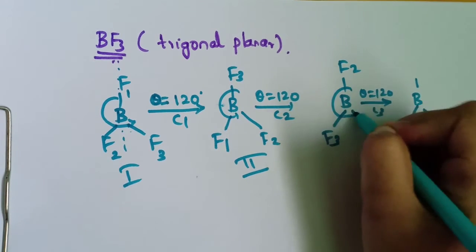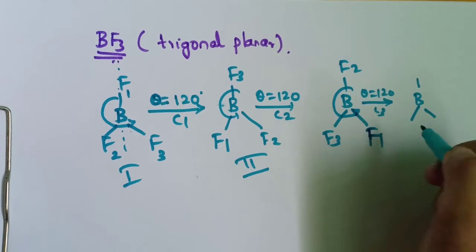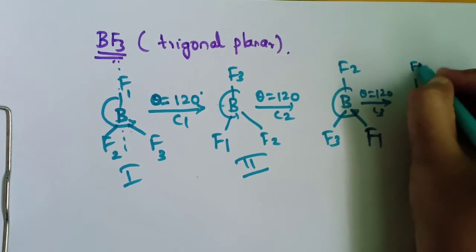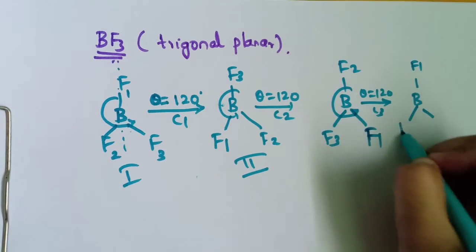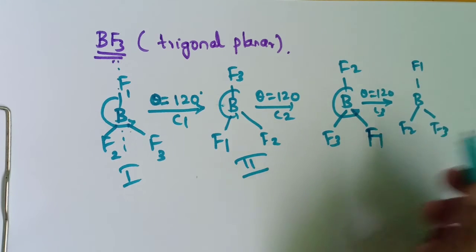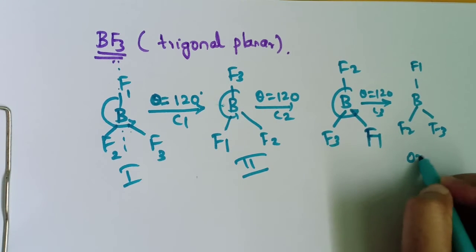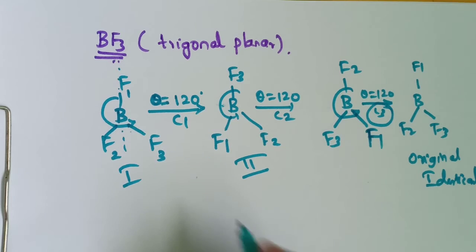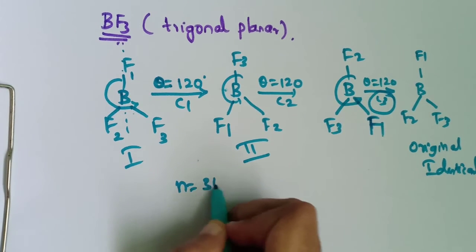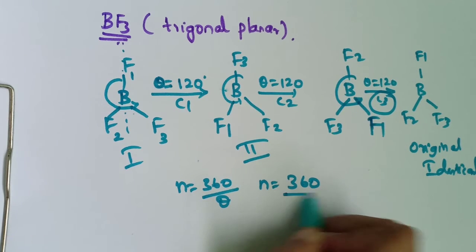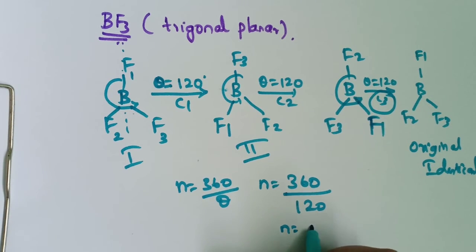If F1 comes to this side on rotating, F2 comes to this side, and F3 comes to this side. Here we have obtained the original or identical configuration for C3. Now we know the formula, n is equal to 360 by theta. n is equal to 360 degrees by 120 degrees, that is n is equal to 3, that is a C3 axis.